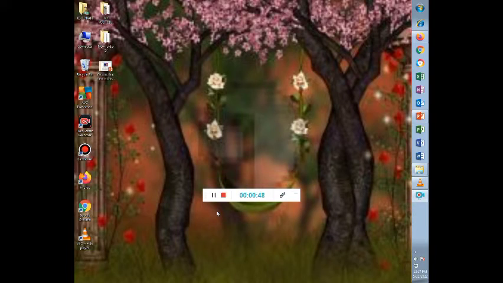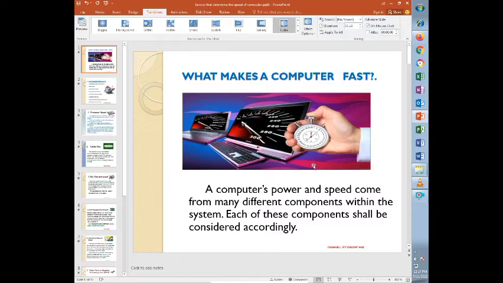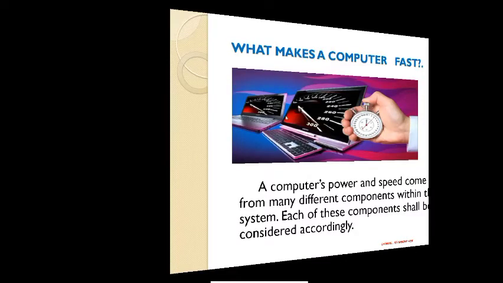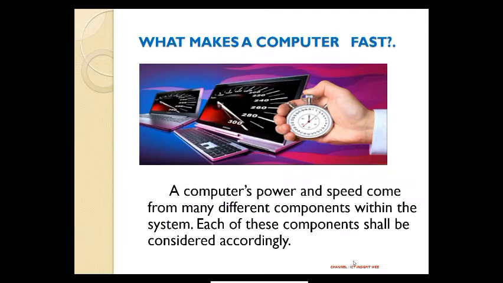Today we shall be considering a topic: what makes the computer system fast, or what are the factors that determine the speed of a computer system. Sometimes you operate a particular computer, it's said to be fast, whereas on the other hand you may use a computer that you discover is very slow.